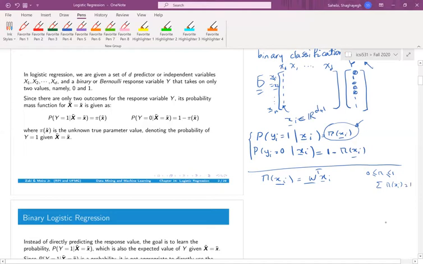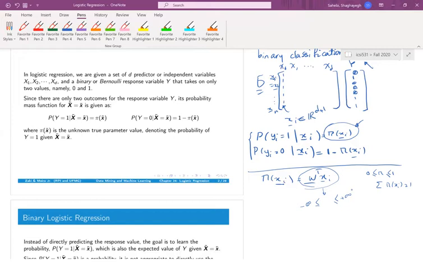But if I do this w transpose xi, it is not between 0 and 1. It can be between negative infinity and positive infinity, right? So if I just use w transpose xi, I can get any values between minus infinity and plus infinity.